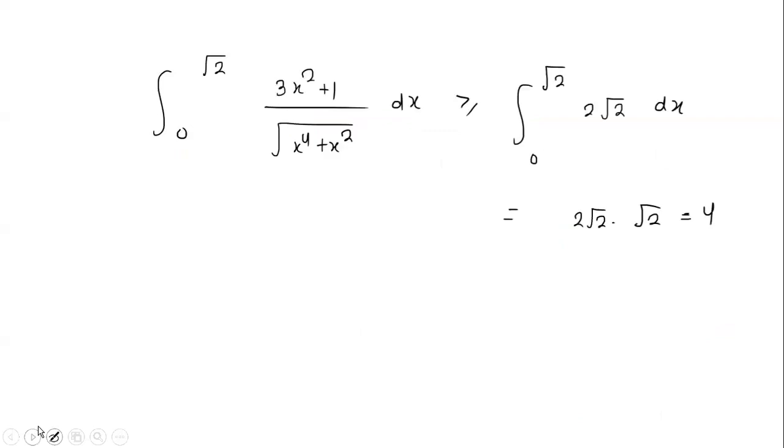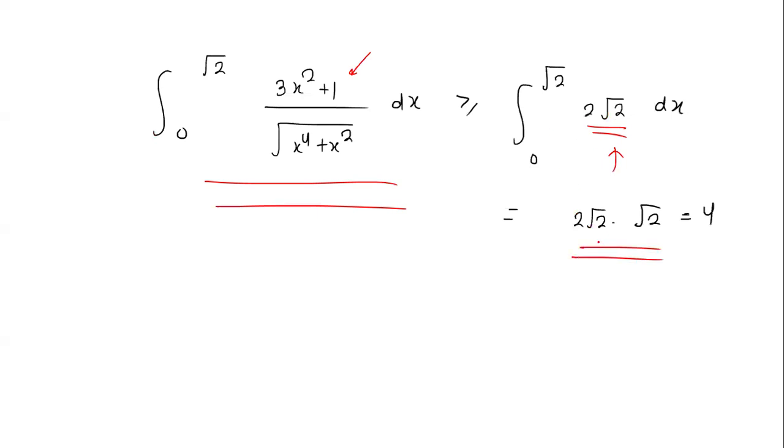So we can say that this integral must be greater than or equal to, if you put the minimum value of this expression, which is 2 root 2, and dx, and if you do the integral, the final answer is 2 root 2 multiplied by root 2. This integral will come 2 root 2 times x, and if you put the limits it will come to 4.